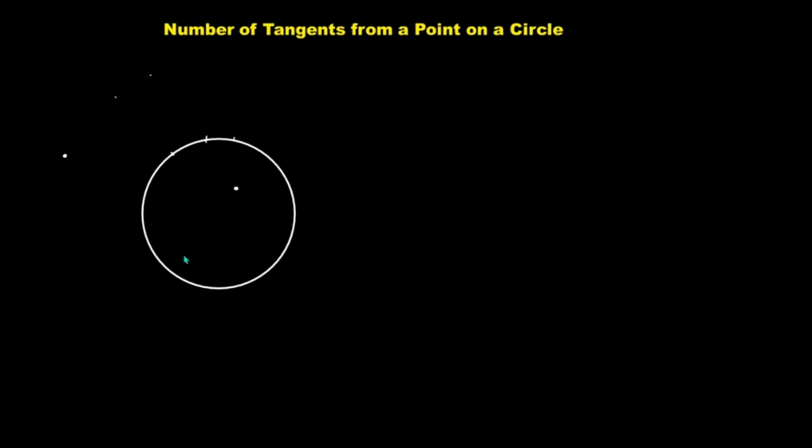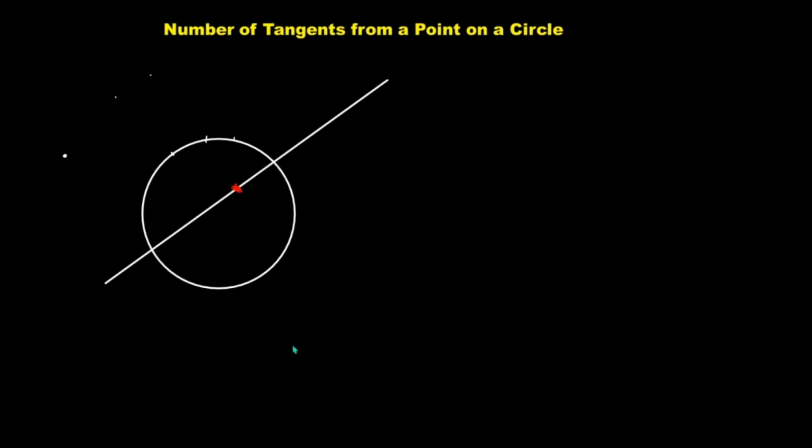Now we'll see how many tangents can be drawn in each scenario. If the point is inside the circle, it cannot form any tangent, because any line is passing through this point inside the circle. So it touches 2 points of the circle.